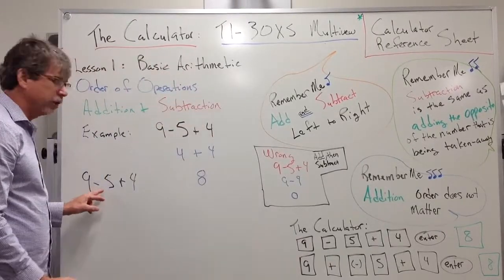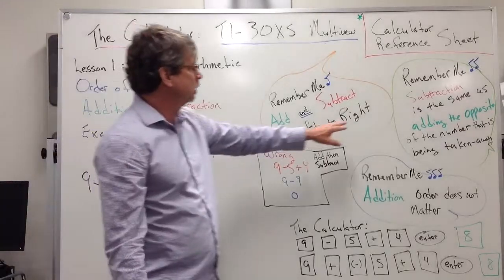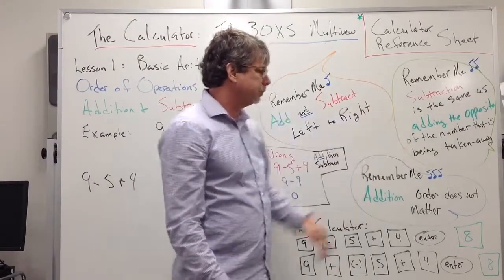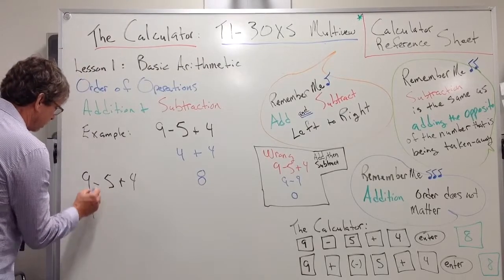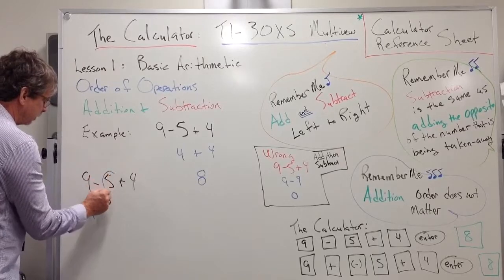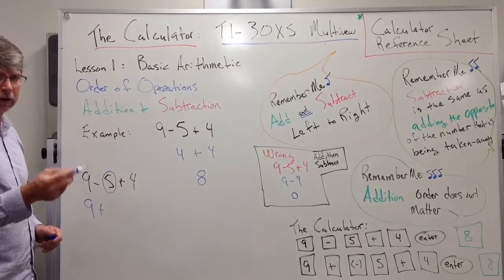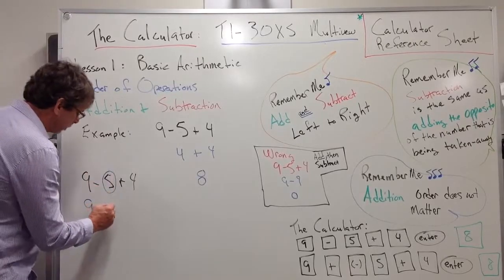Since there is subtraction in the problem, if we want to, we are allowed to change subtraction to addition. So I bring this problem down, 9, and I'm allowed to change subtraction to addition. But the catch is, that number that was being taken away, that 5, we have to use its opposite. And the opposite of 5 would be a negative 5.